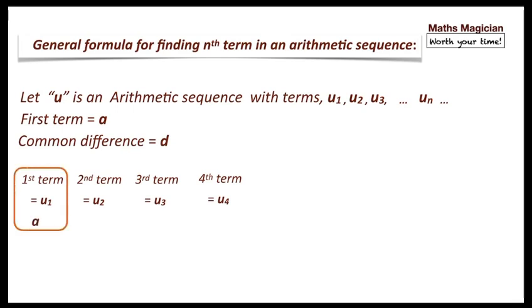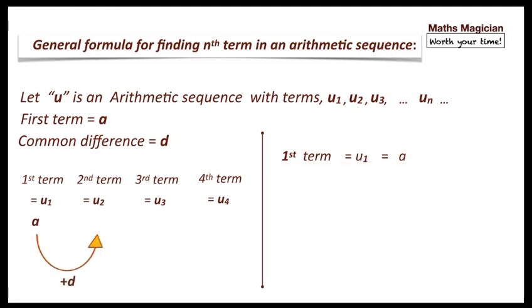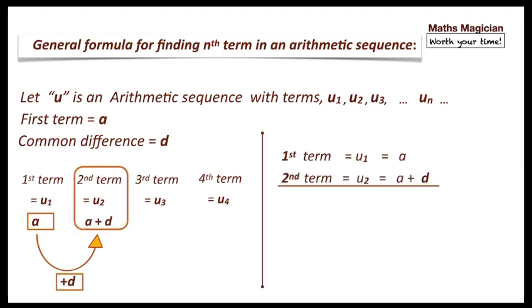As we already said, first term is A. We write it on the right side. Now, as we know, the common difference between the consecutive terms is D. So, second term is A plus D. We write this also on the right side.